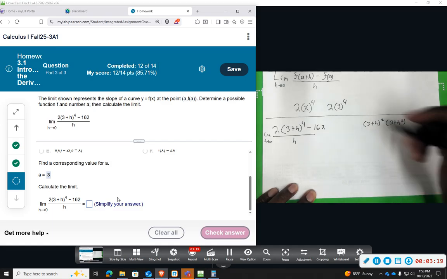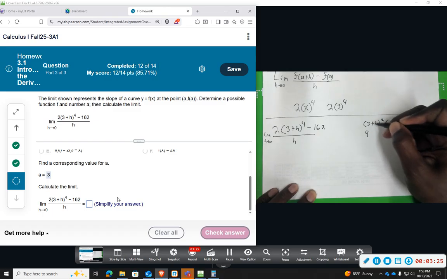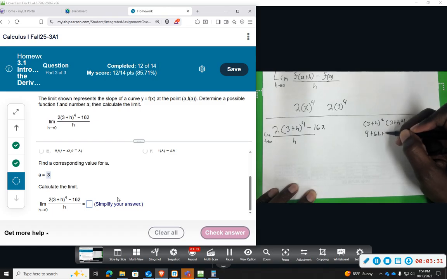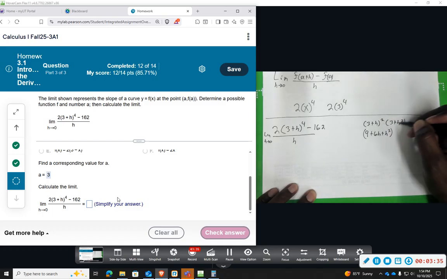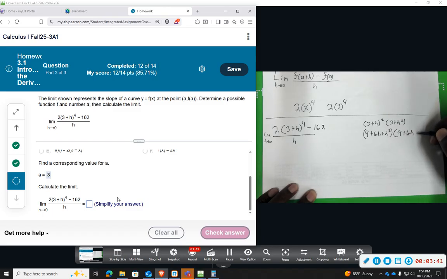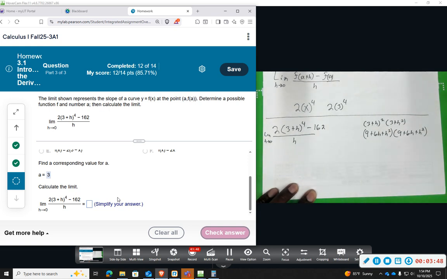So the first term is squaring 3, which will give me 9. 3 times h is 3h, but you double it, so that'll be 6h. And then you square the h, and that will give you h squared. Okay, so this is going to be the same exact thing because I'm doing this 4 times, so I'll have a 9 plus 6h plus h squared.